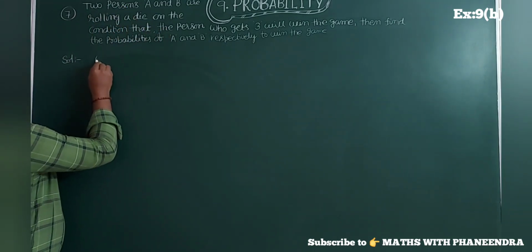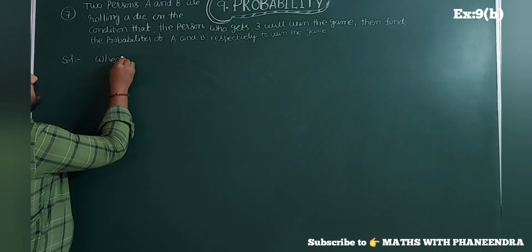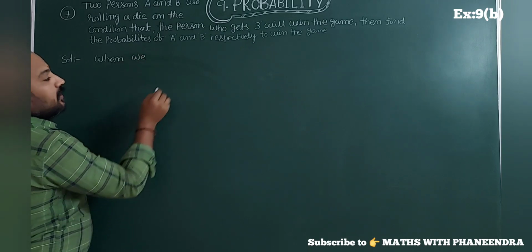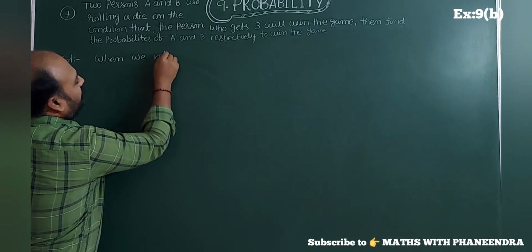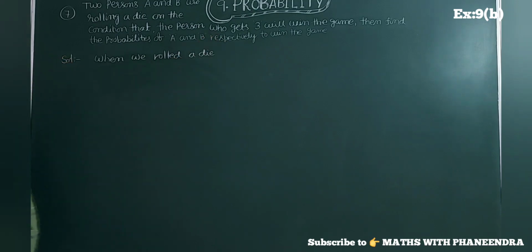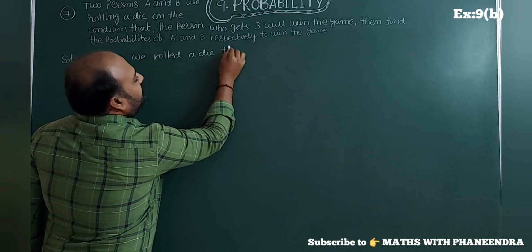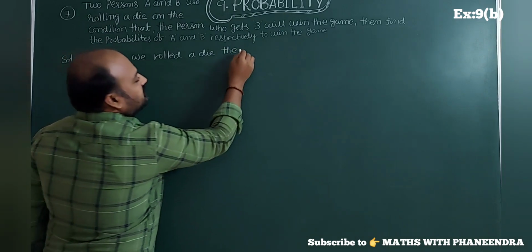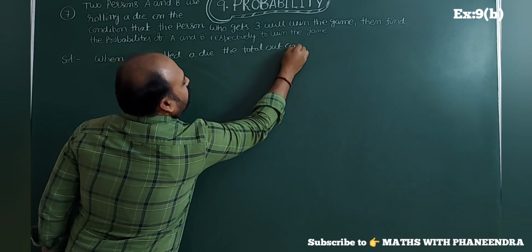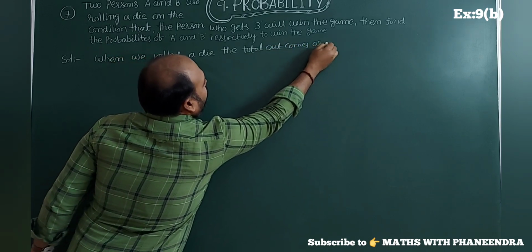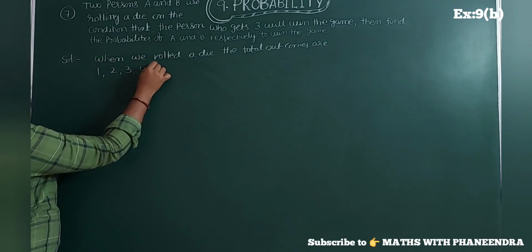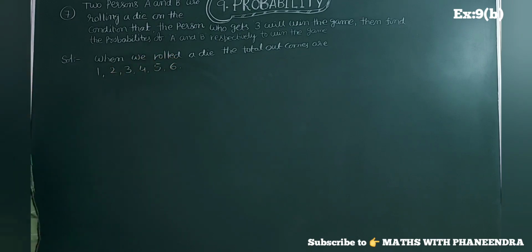So first step, when we roll a die, the total outcomes are 1, 2, 3, 4, 5 and 6.